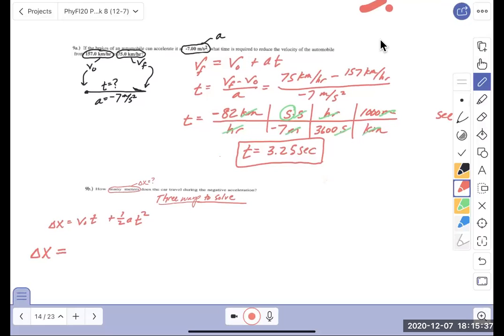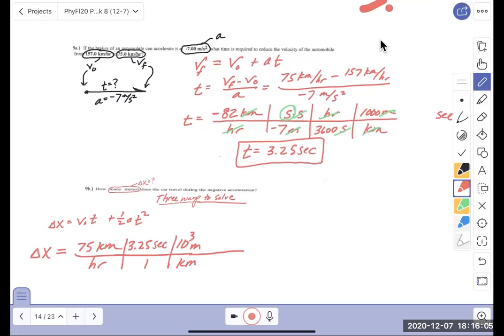So it equals v naught, which is 75 kilometers per hour, times 3.25 seconds. Obviously, we've got an issue here, but we can fix it: 1,000 meters in a kilometer.